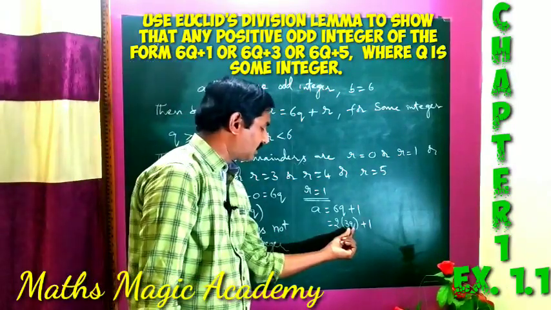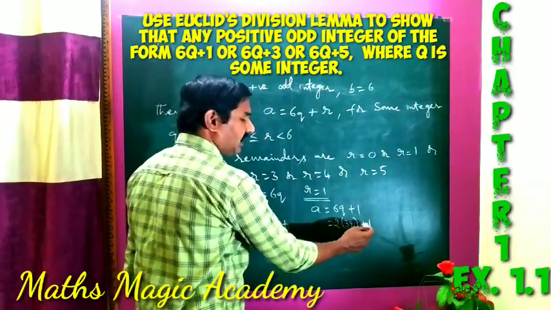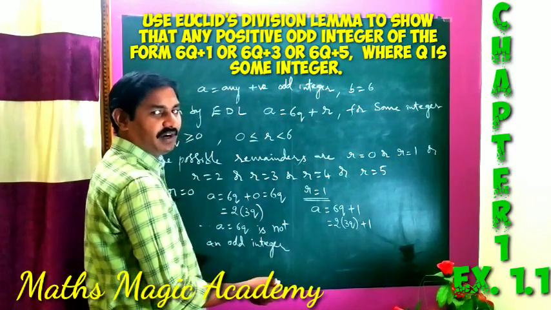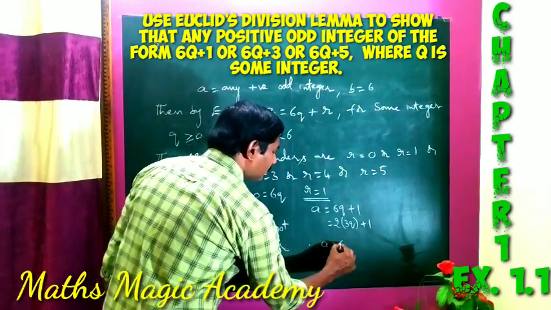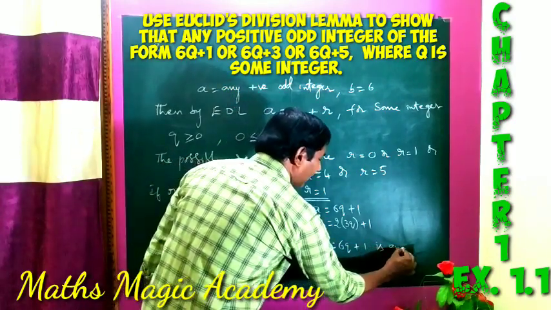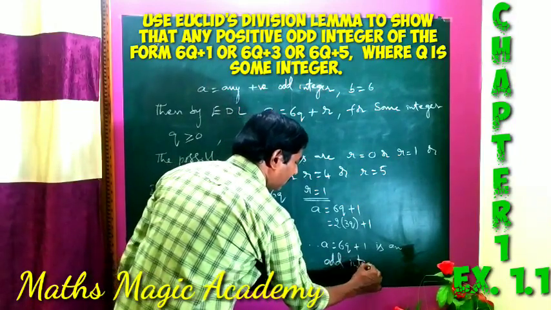Let us assume that this 3q is n. Then this is in the form of 2n plus 1. 2n plus 1 is the general form of an odd number. Therefore, a equals 6q plus 1 is an odd integer.